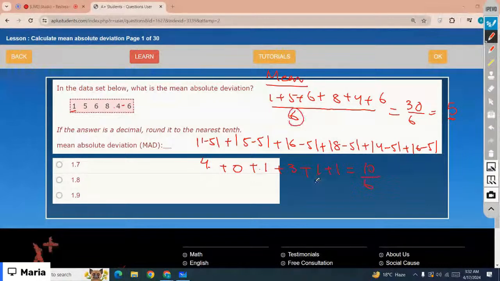So 10 divided by 6 is 1.7. So the mean absolute deviation is 1.7. The correct option is 1.7, option number 1.